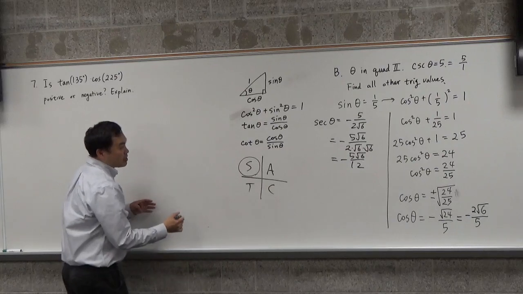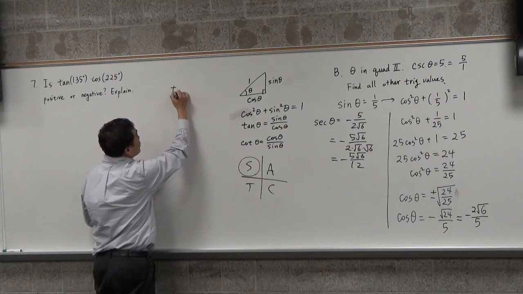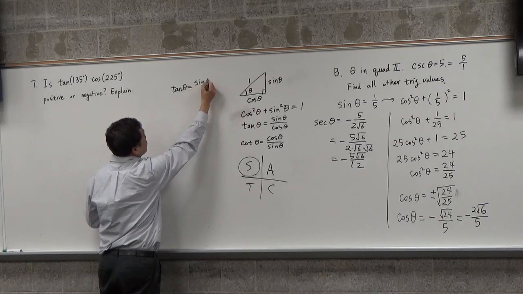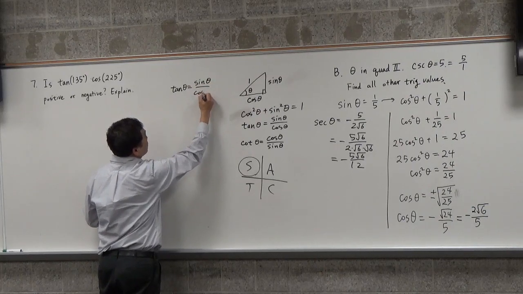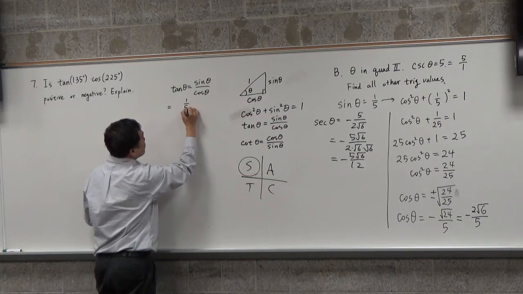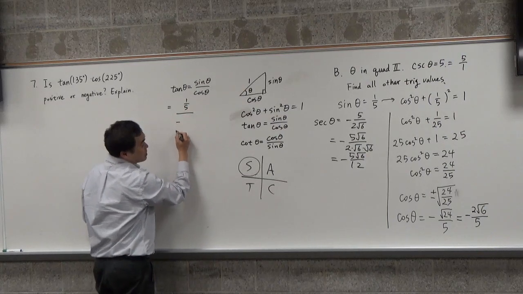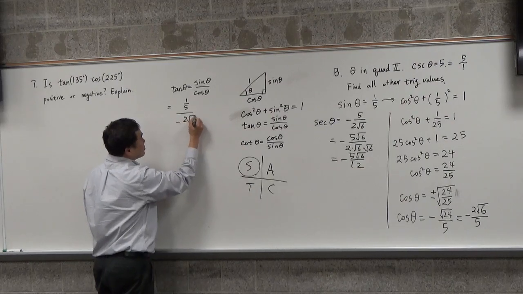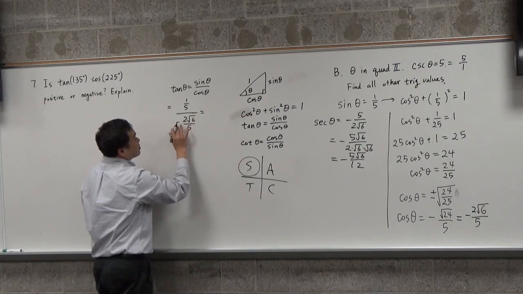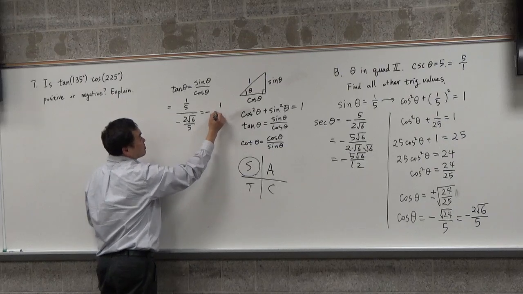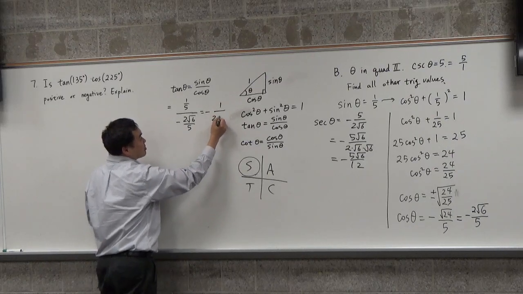Okay, I don't have room for tangent, so let's do it here. How do you do the tangent? Sine over cosine. So, because sine is 1/5 and cosine is negative 2 square root of 6 over 5, let's first move the minus out and then multiply 5 top and bottom to get rid of the 5 in the denominator.